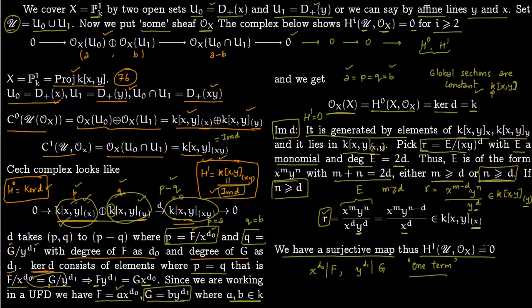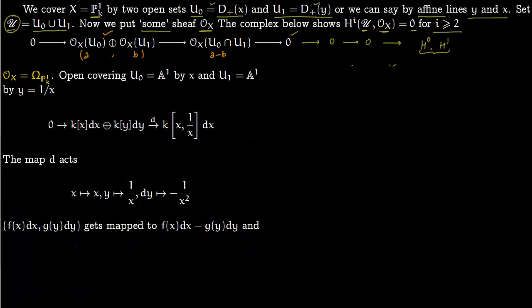So now we will put a sheaf of differential forms on this projective line and see what the answer is. So now we put the sheaf of differentials on this projective line. So O of x is this omega P1 over k. That is, you're putting the sheaf of differentials. So you have an open covering.